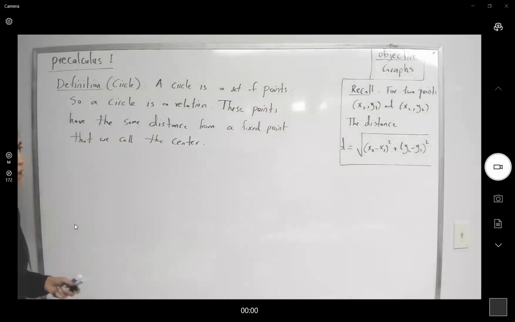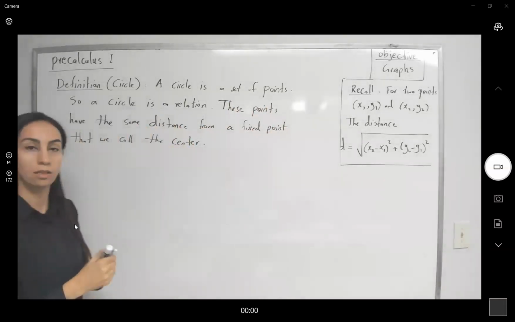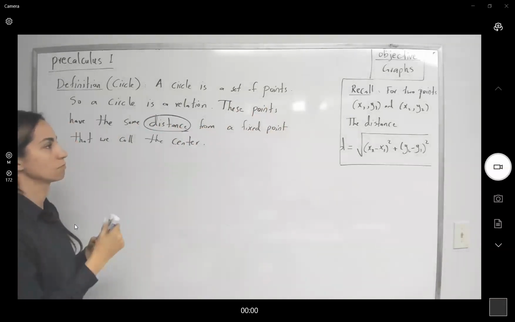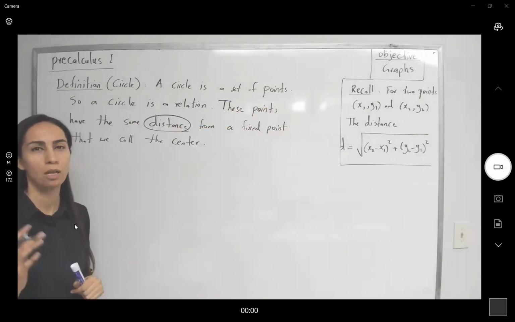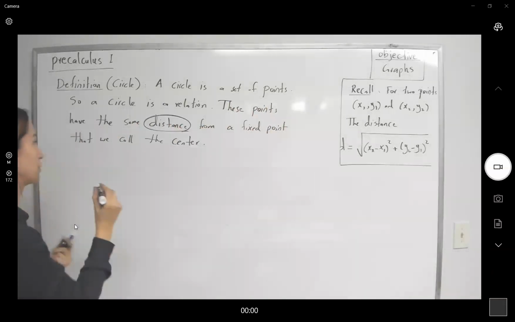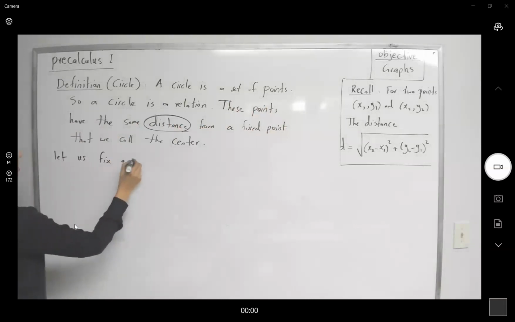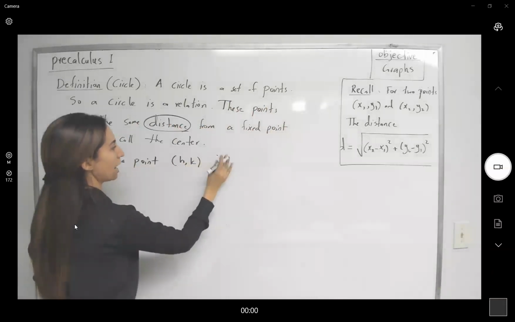So let us use the definition of the distance, because we're using the distance here to define the circle. What we're going to do is fix a point like h and k as the center.